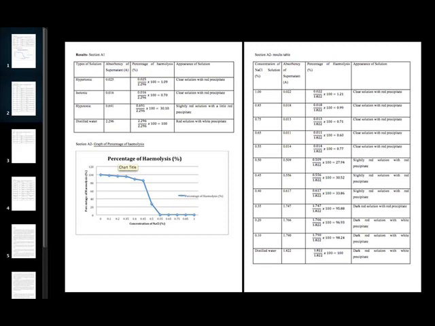Probably due to an error in transferring the supernatant into the cuvette, we accidentally sucked up some of the precipitate, giving us an inappropriate value.